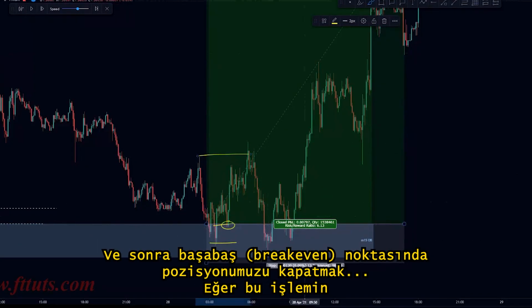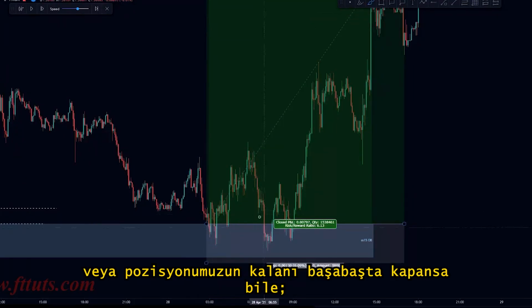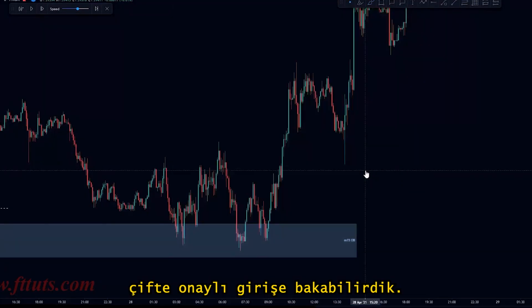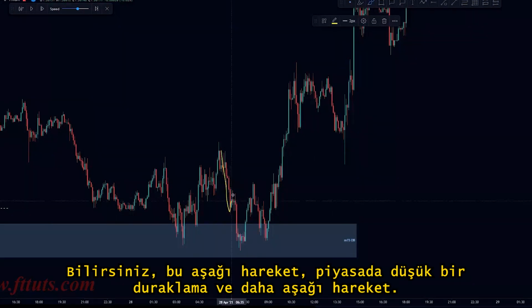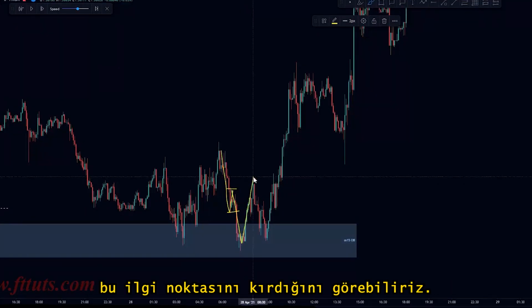If we still believe in this trade moving to the upside, right, even though we got closed at break even or the remaining of our position closing at break even, we could look at a double confirmation entry where we had this move to the downside, little pause in the market and move lower, right? So shortly after, we can see this impulse to the upside breaks this point of interest.